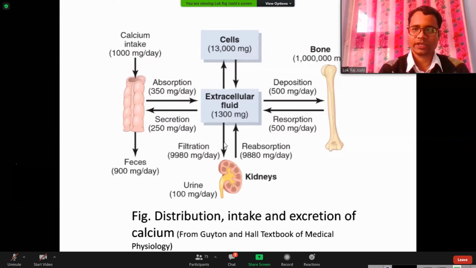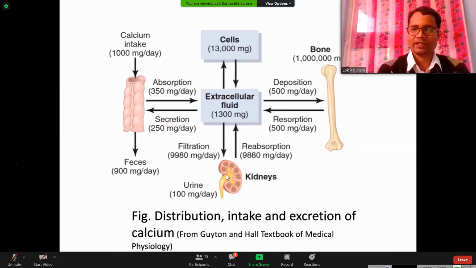And another important component here is related to the kidneys. Kidneys have an important role in regulation of calcium. You have already studied the renal system and reabsorption of calcium. And various hormones affect calcium transport at these different levels: at the intestinal level, at the level of the bones, and at the level of the kidney also.